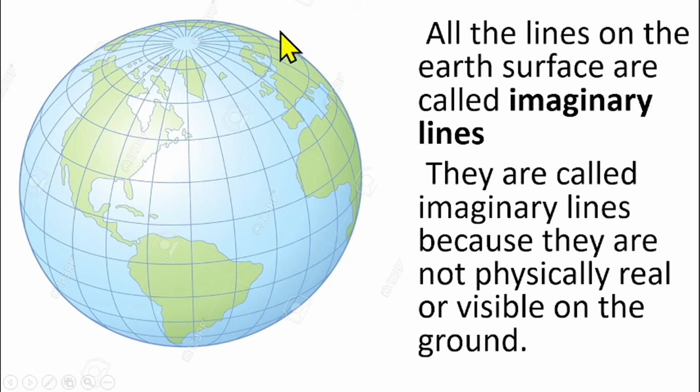Lines of latitude are horizontal, and you can see that they are circular, while the vertical ones are called the lines of longitude. By now, you should be able to identify the lines of latitude and longitude on the Earth's surface.